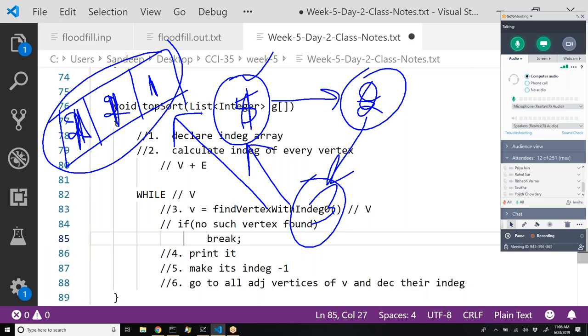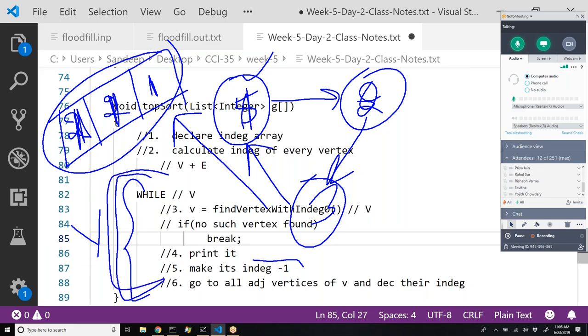If we have not printed n vertices in this loop, this is actually the cycle detection algorithm. What it says: create the in-degree array, call a function, ask it what is the next vertex with in-degree 0, get that, print that vertex. If this loop is running V times, we say the graph doesn't have a cycle. But if this loop is running less than V times, we say somewhere the graph had a cycle.